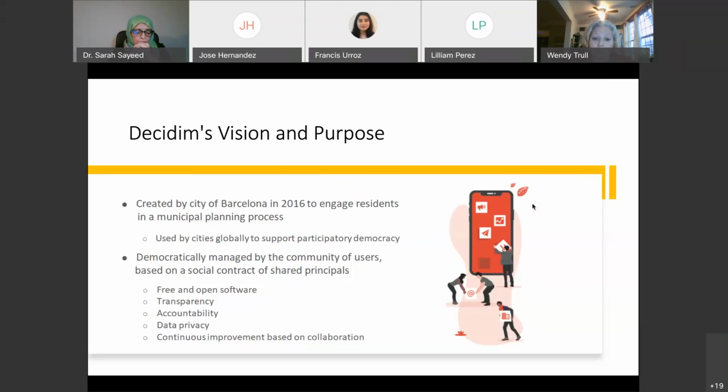And because they decided to make it open source and free for anyone to use, it's been picked up by, again, lots of cities throughout the world to support participatory democracy, to run and customize and configure a platform to support their participatory budgeting processes, but also to support citizen assemblies and gathering input from communities on policy issues.